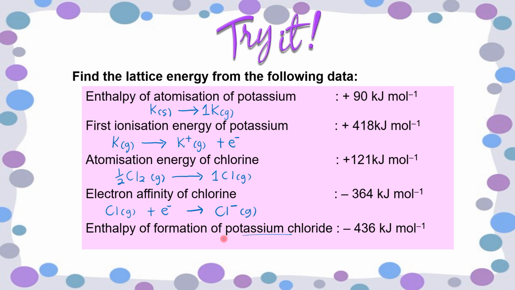Next, enthalpy of formation of potassium chloride. Enthalpy of formation means you want to produce 1 mole of KCl that exists in solid from its elements, which means from K solid and from Cl. Cl exists as Cl2 gas, so ini mesti 1 mol, jadi sini mesti darab setengah.